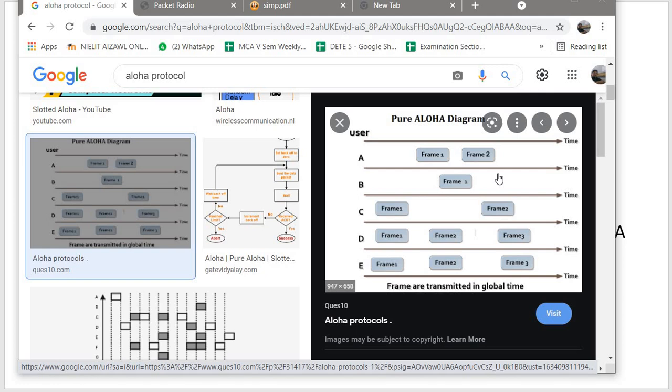A station cannot generate a frame while transmitting. While you transmit, you cannot generate a frame.